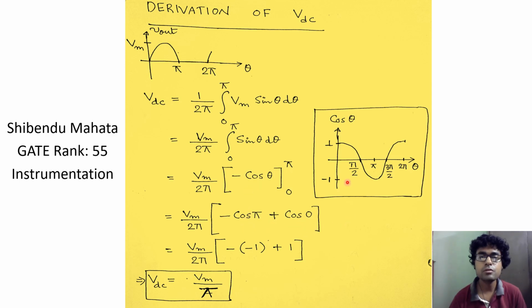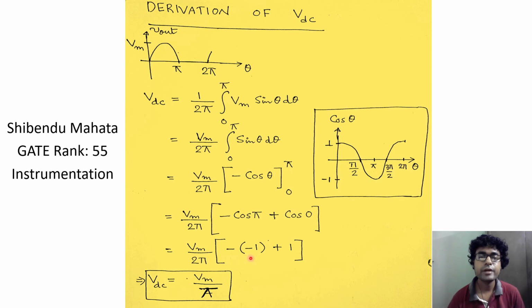We can remember from our course on trigonometry that the cosine function starts with 1 and then goes to negative 1 at pi, and then again returns back to positive 1. So at cosine pi its value is negative 1, whereas for cosine 0 it's equal to plus 1.